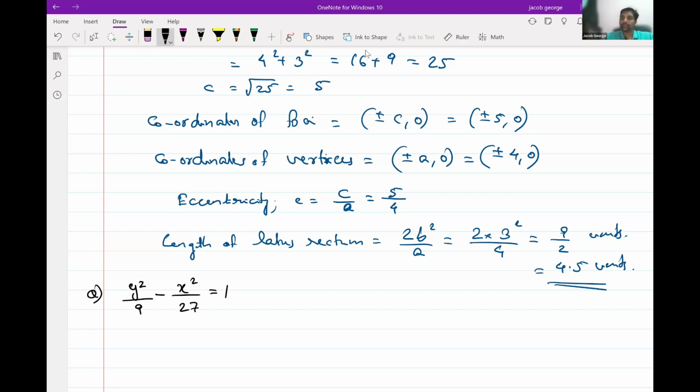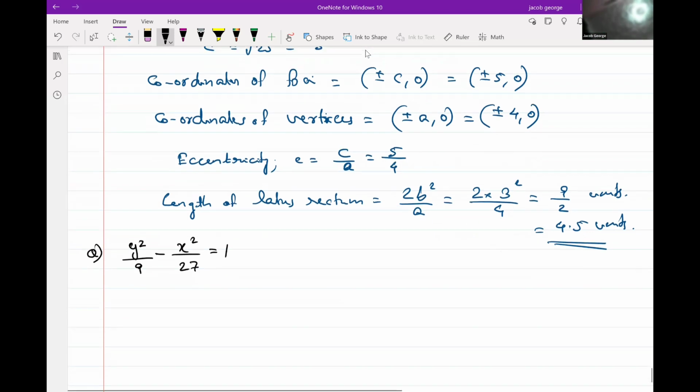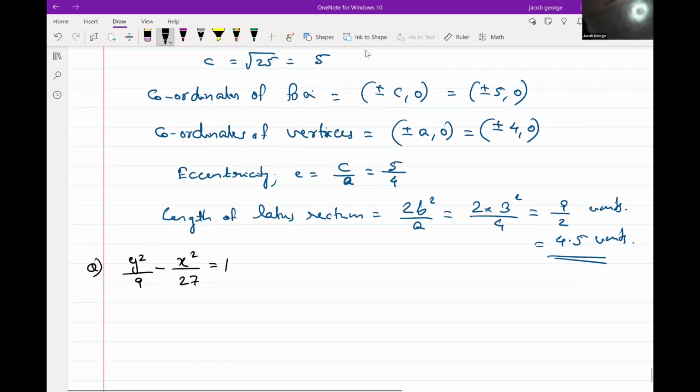Joshua Abel, it is type 2, right? Type 2. We are going to equate it to the type 2 standard equation. That is step number 1.